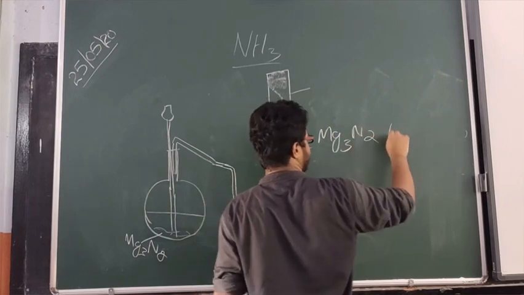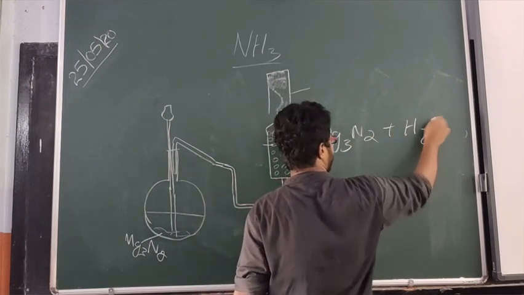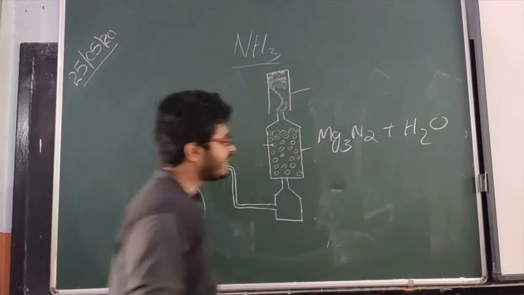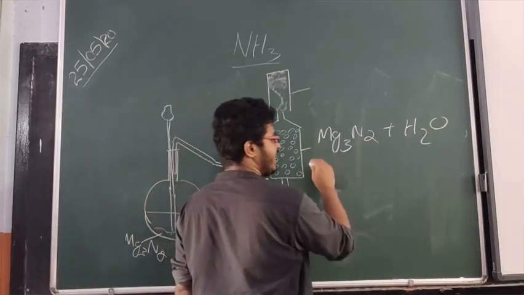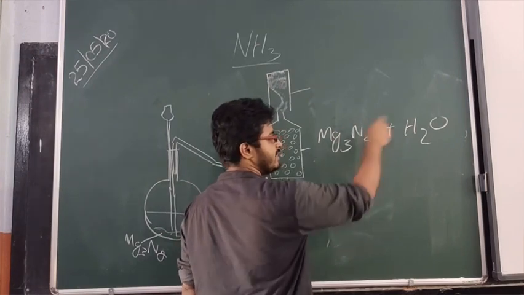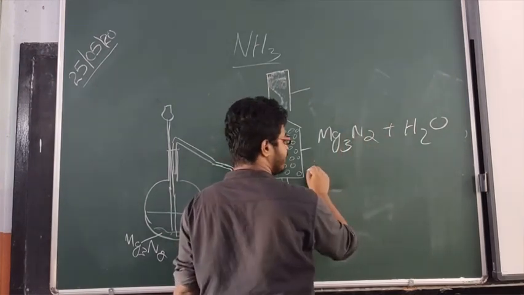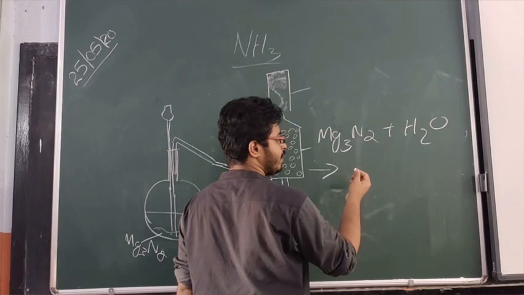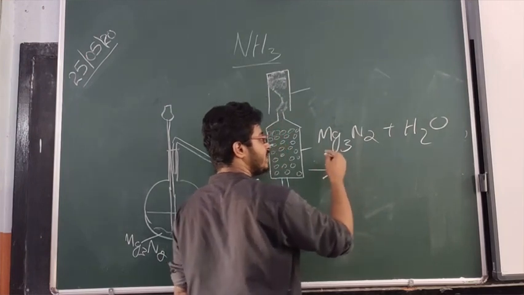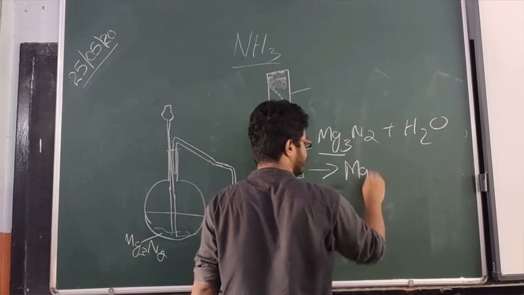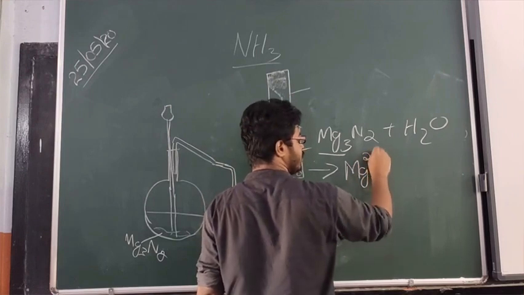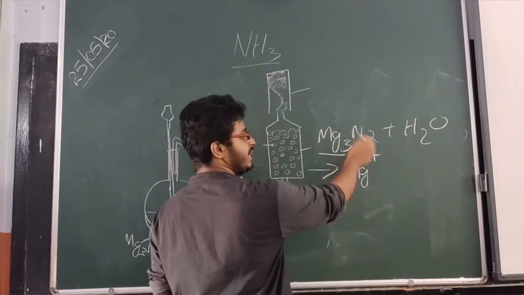Mg3N2 plus H2O. Here there are two cations, Mg 2+ and H+. It can form, I will come to that later. Mg 2+ is one of the cations.